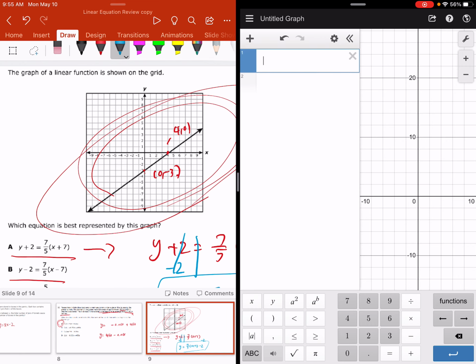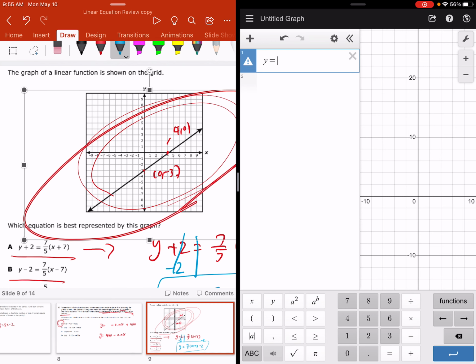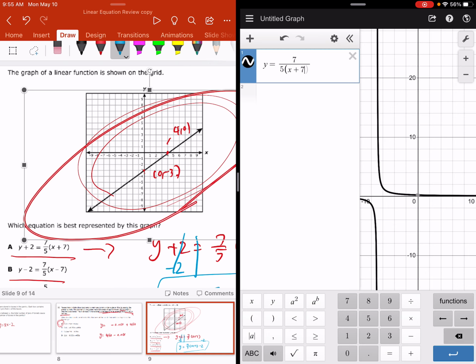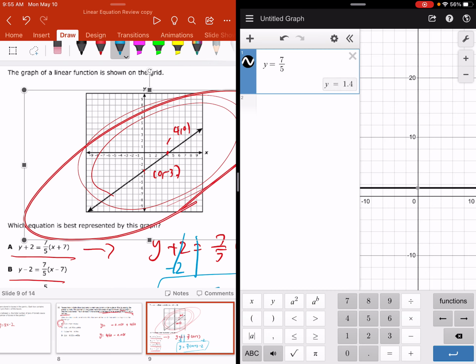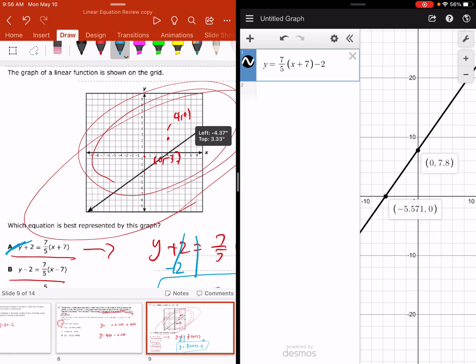So here, y equals 7 over 5, x plus 7, x plus 7 minus 2. So is it the same graph? No, because x-intercept and y-intercept are totally different. So it's not A.